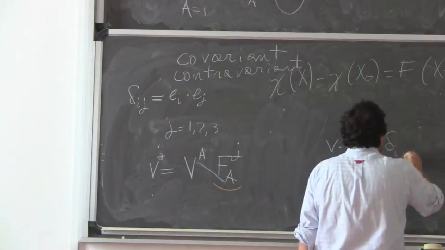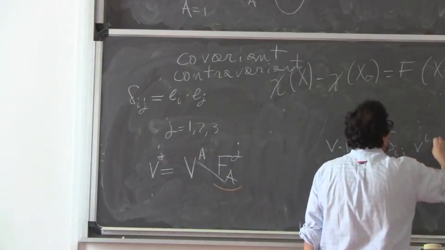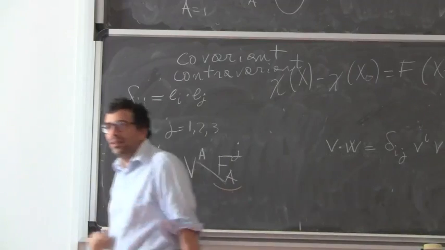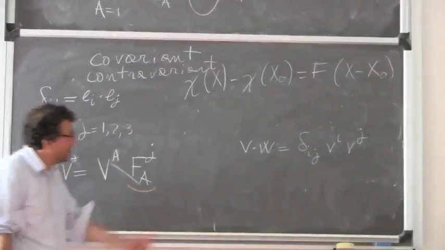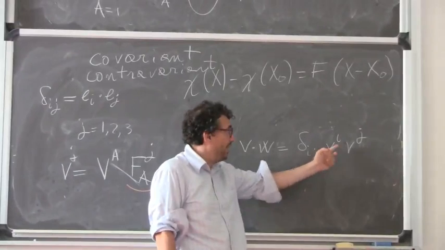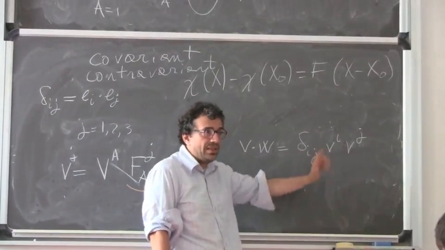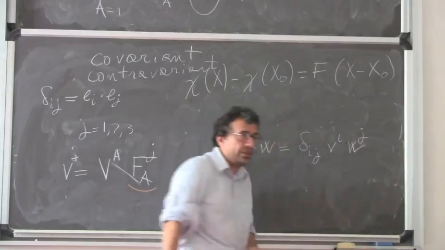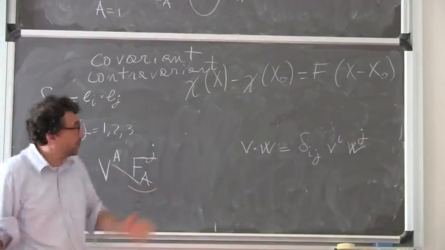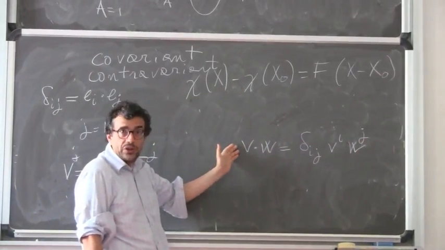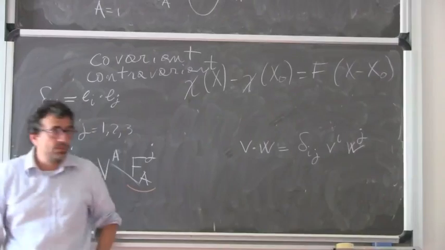With this notation, the inner product can be written in this way. Delta ij is 1 if the two indices are equal. It is 0 otherwise. So this is the inner product which we know already, in the new notation.